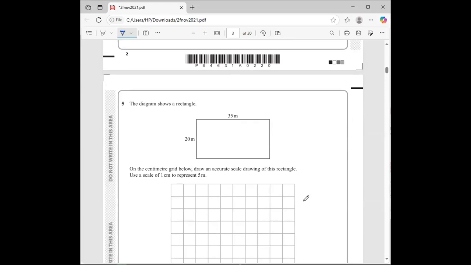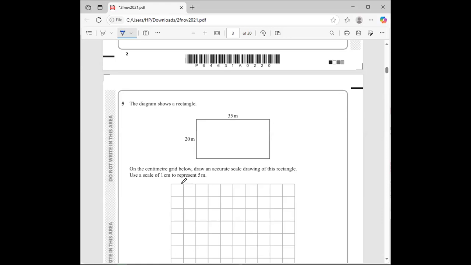It says to draw an accurate scale drawing of this rectangle. Use a scale of 1 cm to represent 5 meters. This one should be simple, right? If a scale of 1 cm represents 5 meters, then 35 is 5 times 7.